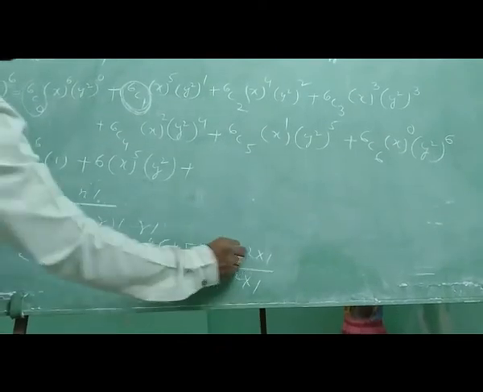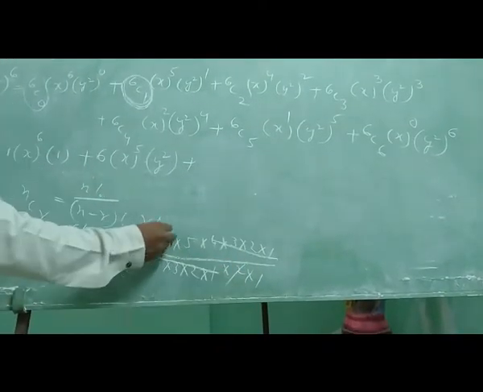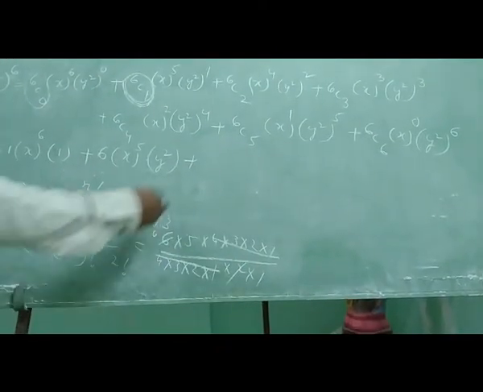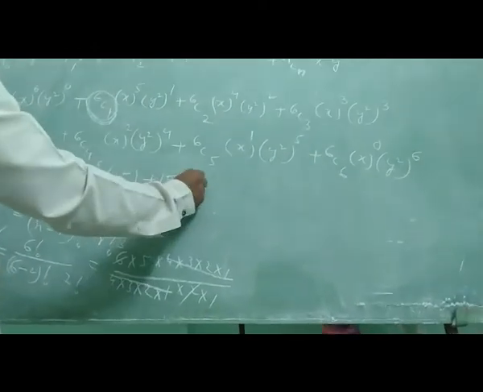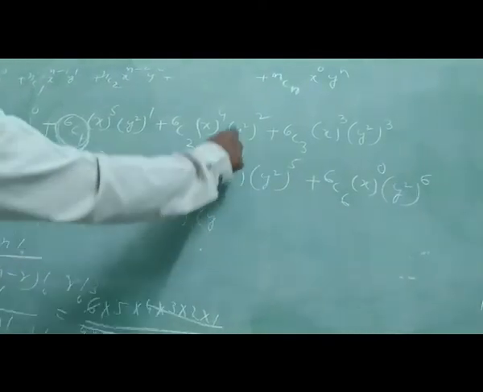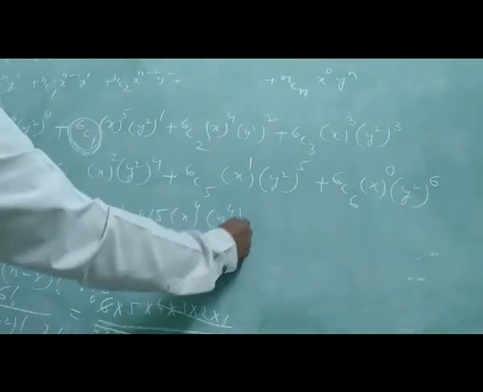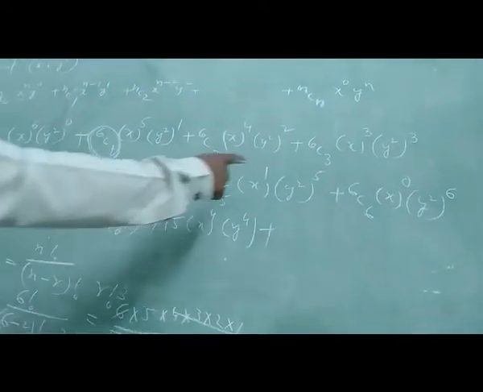So cancellation. 2 threes are 6, 3 fives are 15. So the value of 6C2 is equal to 15. 15 into x power 4 and y, it is 2 twos are 4. So like this you can find the remaining coefficients also.